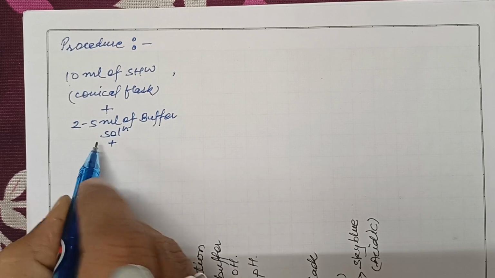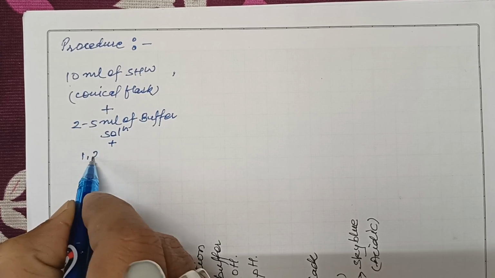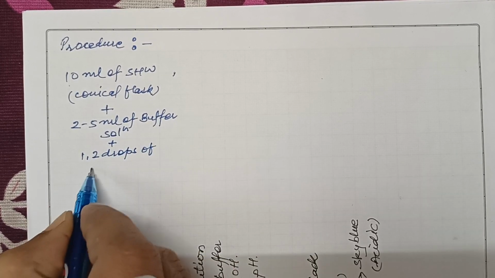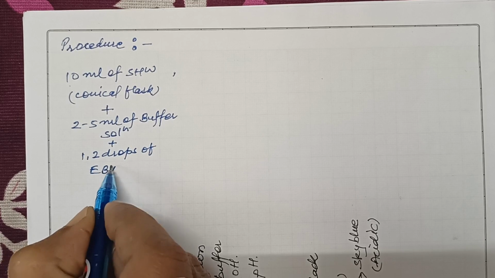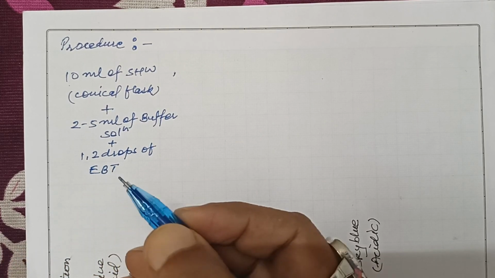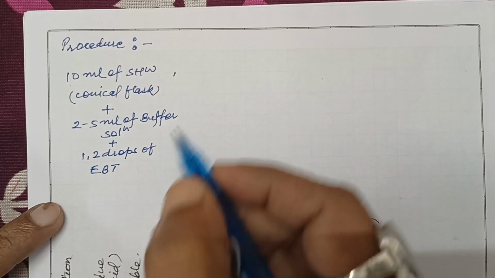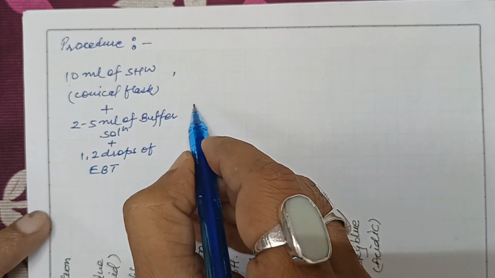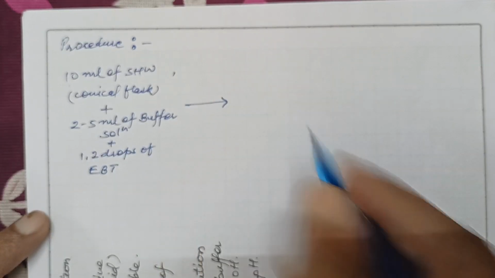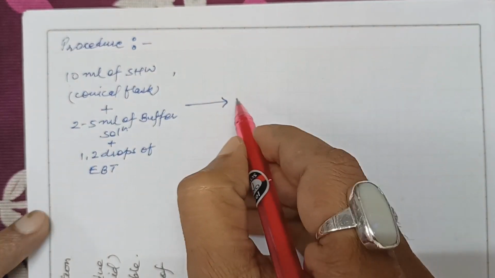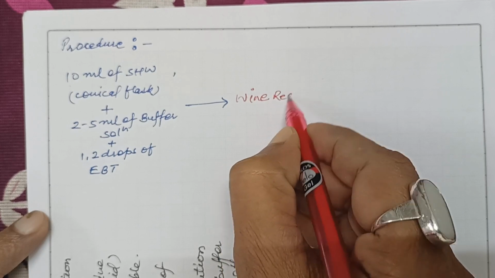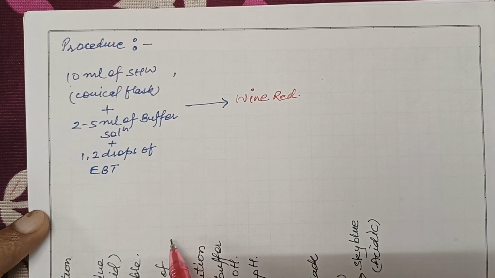And we simultaneously add 1 to 2 drops of Eriochrome Black T indicator, which is abbreviated as EBT. So after adding the EBT, we get a wine red color. The solution turns a wine red appearance.